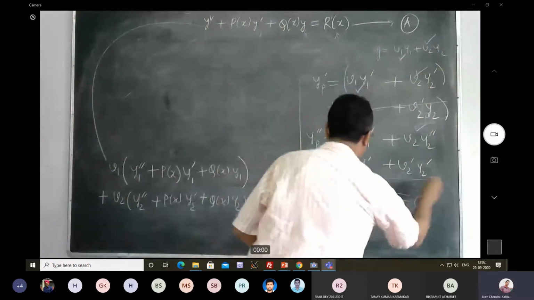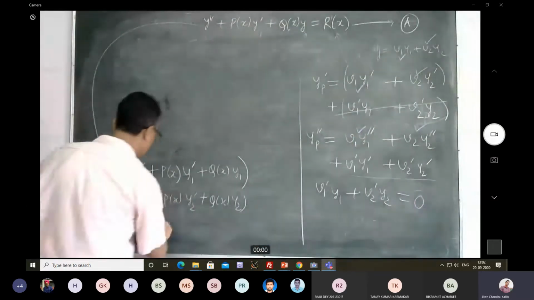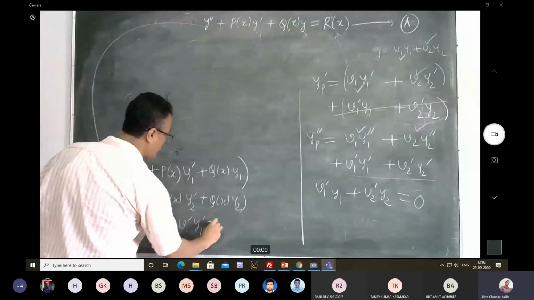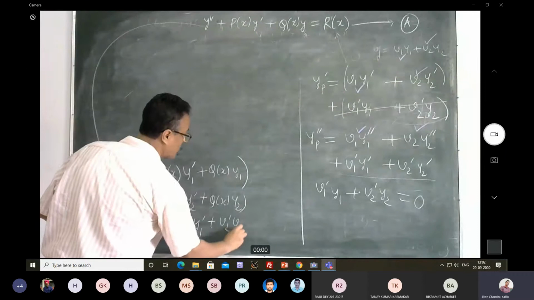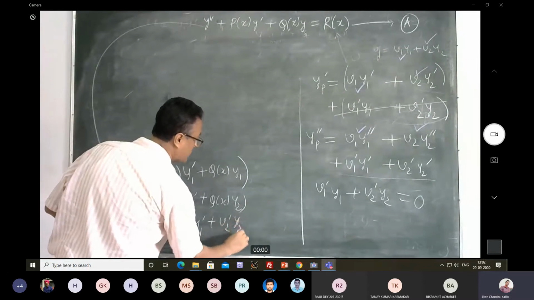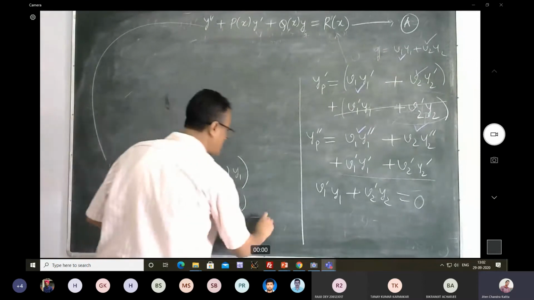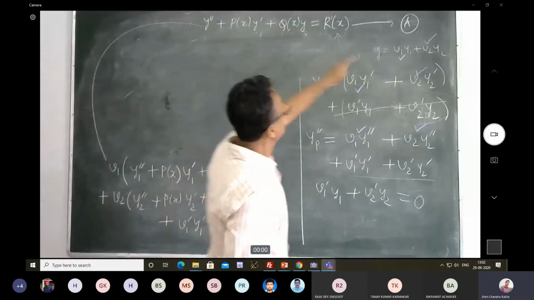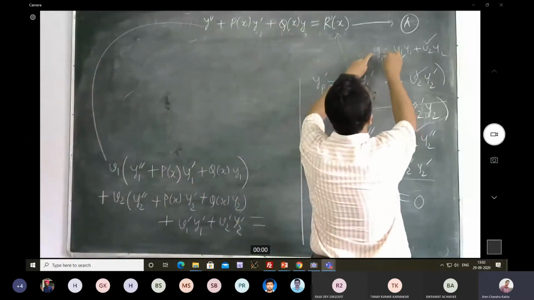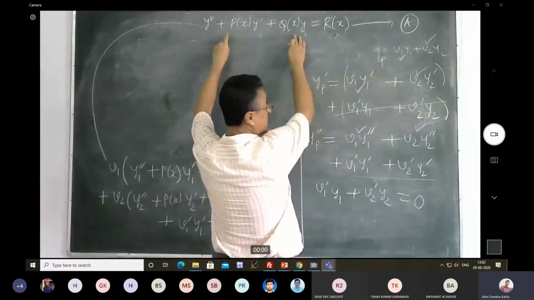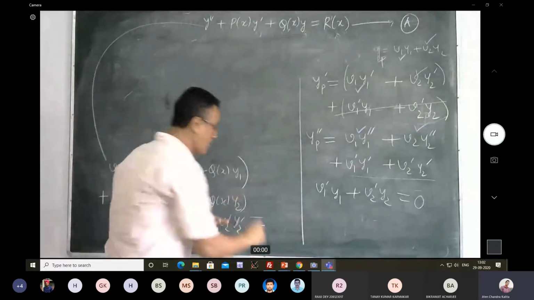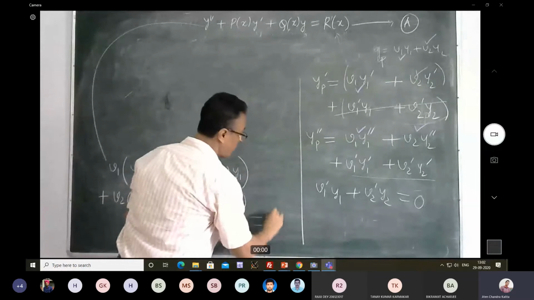Basically, I am left with v1 prime y1 prime plus v2 prime y2 prime, and since yp is a particular integral for this equation, if you substitute the particular integral, you are going to get the non-homogeneous term.